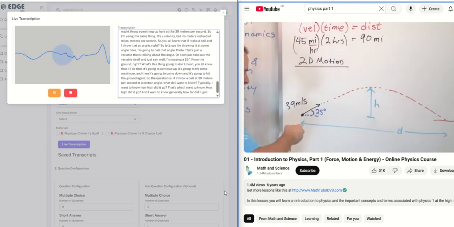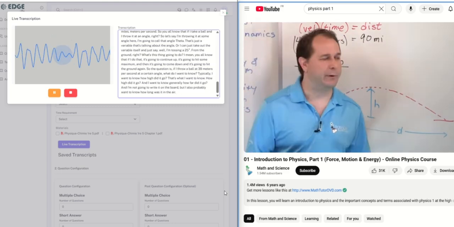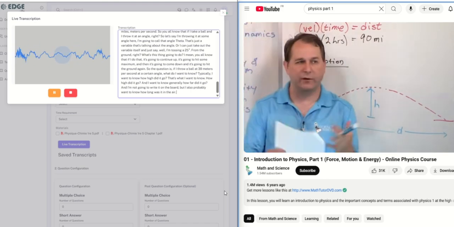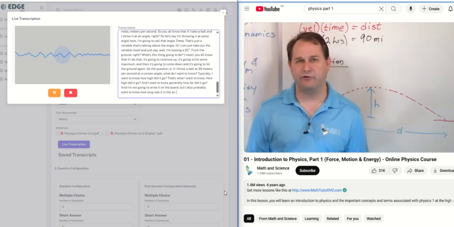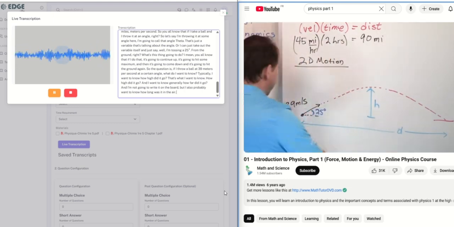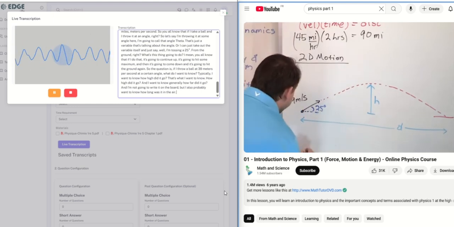And I'm not going to write it on the board, but I also probably want to know how long it was in the air. So that's called projectile motion or 2D motion, and it's just going to be equations of motion applied to that situation. Now what we're going to do to solve these kinds of problems is take this 39 meters per second, and I'm going to blow it up for you down here.